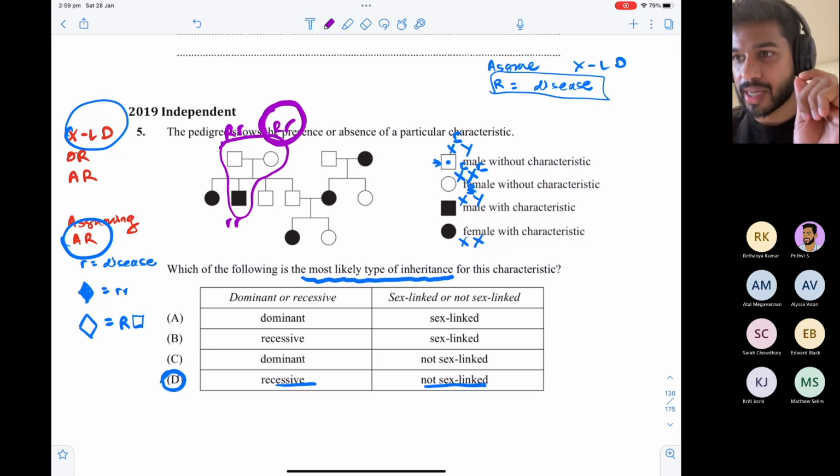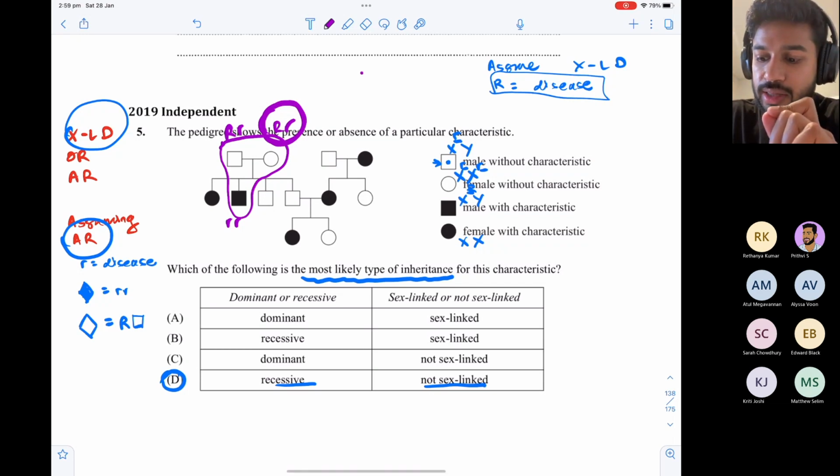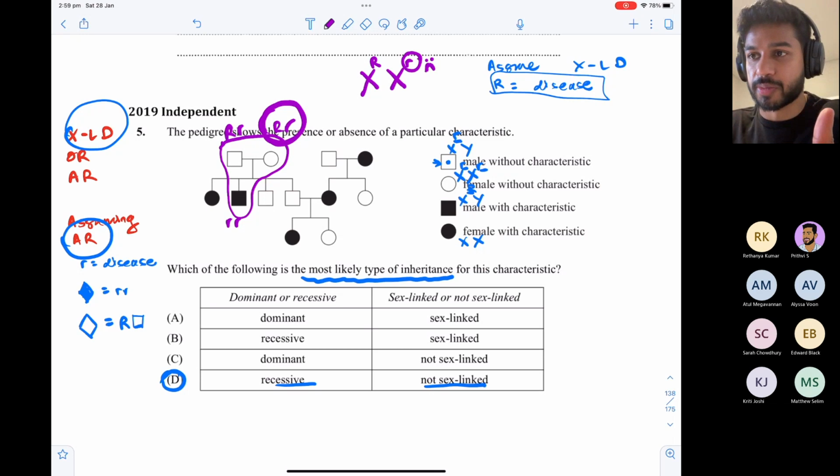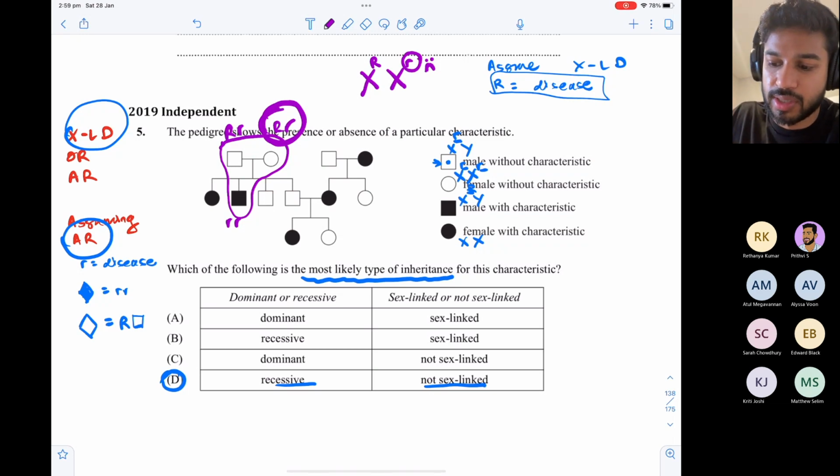But in the HSC, when they use the word carrier, they're most commonly talking about the scenario where a female has one recessive diseased allele that she's not expressing, but she can pass on to offspring. That's when you use the word carrier. So I wouldn't use the word carrier when I'm talking about this pattern here. This pattern is just telling you parents are heterozygous, child is homozygous recessive. We do not call this carrier in the HSC.